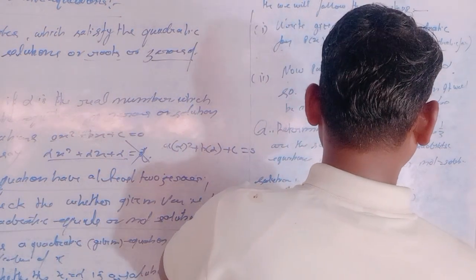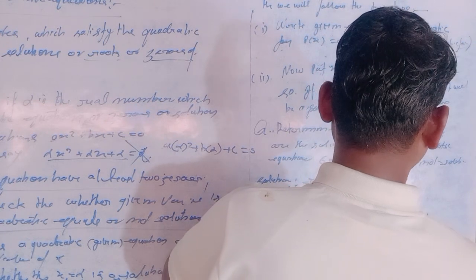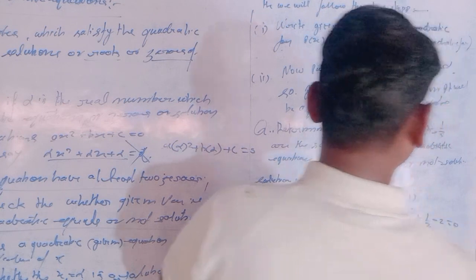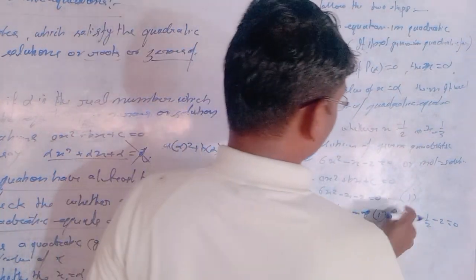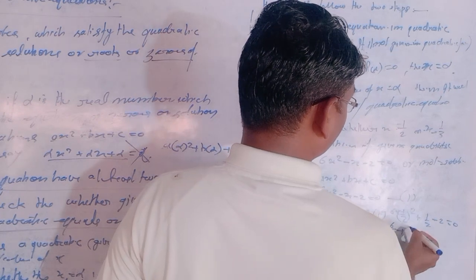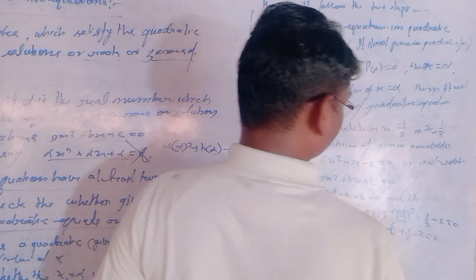So it becomes 6 into (minus 1 by 2) whole square minus (minus 1 by 2) minus 2 is equal to 0. Got it? So it becomes plus, and 1 by 4, so 6 by 4 plus 1 by 2 minus 2 is equal to 0.